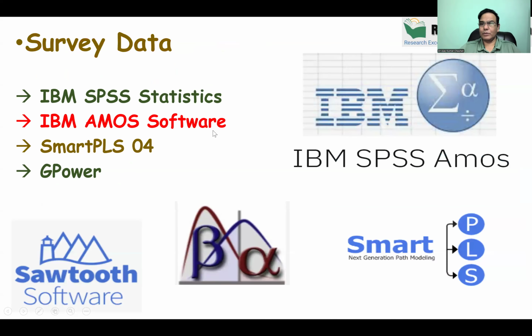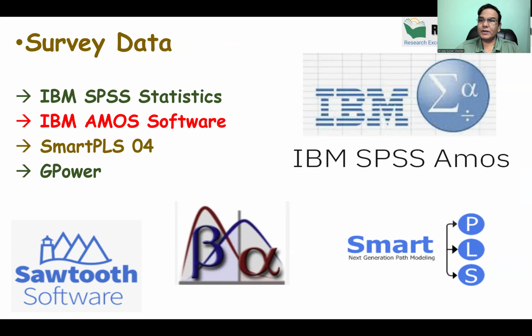Now the question comes: what to do when we collect survey data? Survey data is the most common data. When you collect data from a questionnaire, this data is called survey data, or we also call it cross-sectional data.